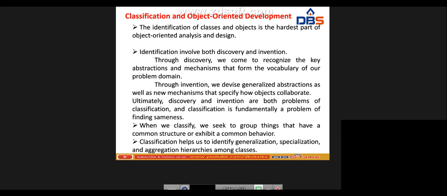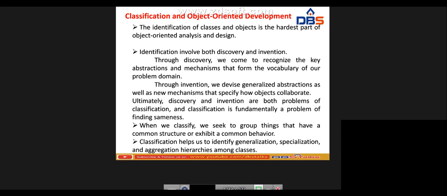Next, identification involves both discovery and invention. Through discovery we come to recognize the key abstractions and mechanisms that form the vocabulary of our problem domain, so it depends upon our problem domain. Through invention we devise generalized abstractions as well as new mechanisms that specify how objects collaborate.